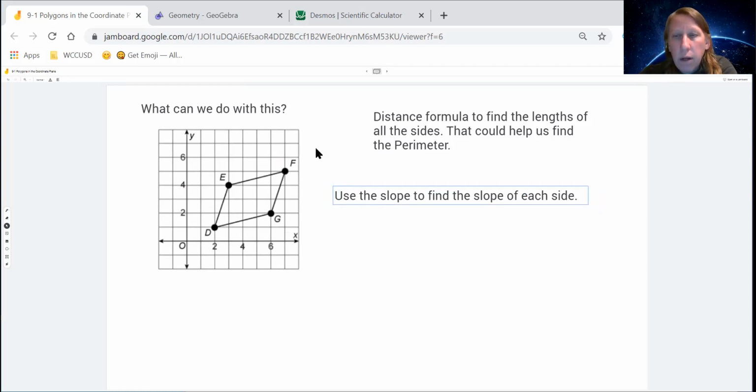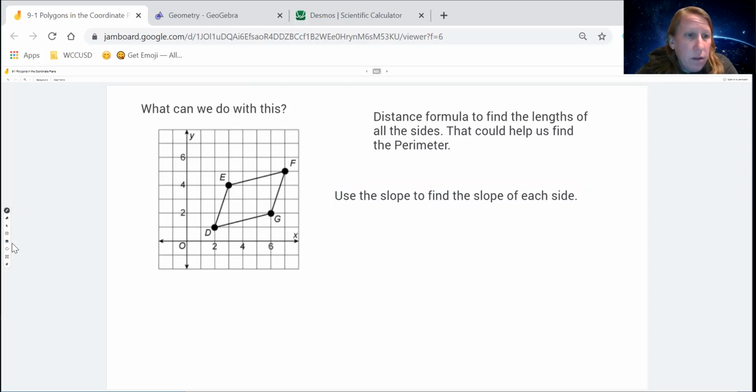So what kind of polygon is it? And back up your thought, not just because it looks like it, even though it actually does just look like it, but why? Prove it to us, give us some evidence using the coordinates of why you believe that to be true.